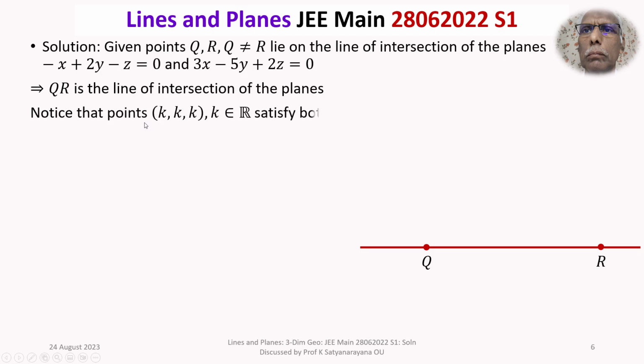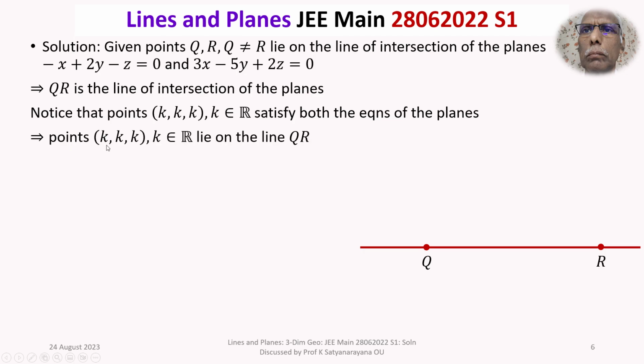Notice that, look at these two equations of the planes, and if you take a point K, K, K and substitute in the first and second equation, these points for each K belonging to R satisfy both these equations. That means the points with coordinates K, K, K, where K is arbitrary belonging to R, lie on the line of intersection QR.